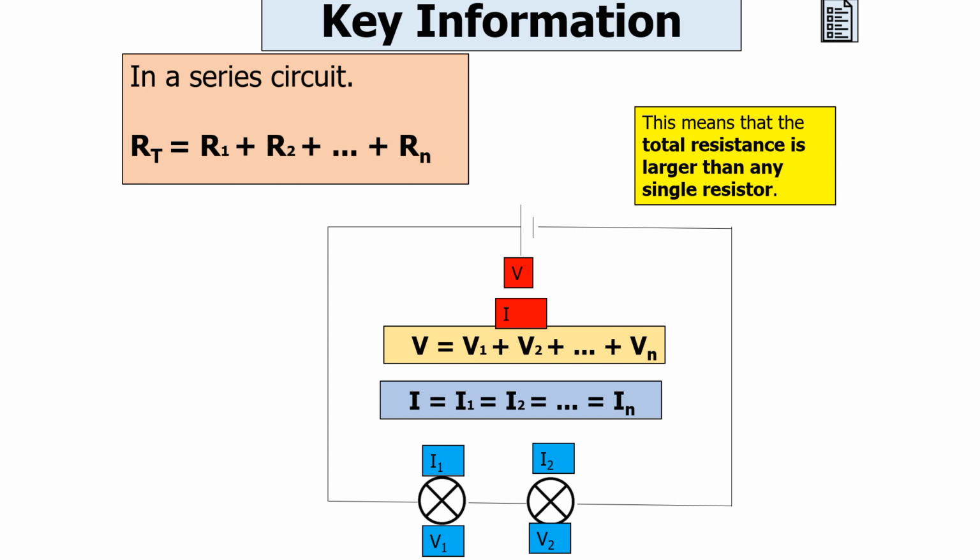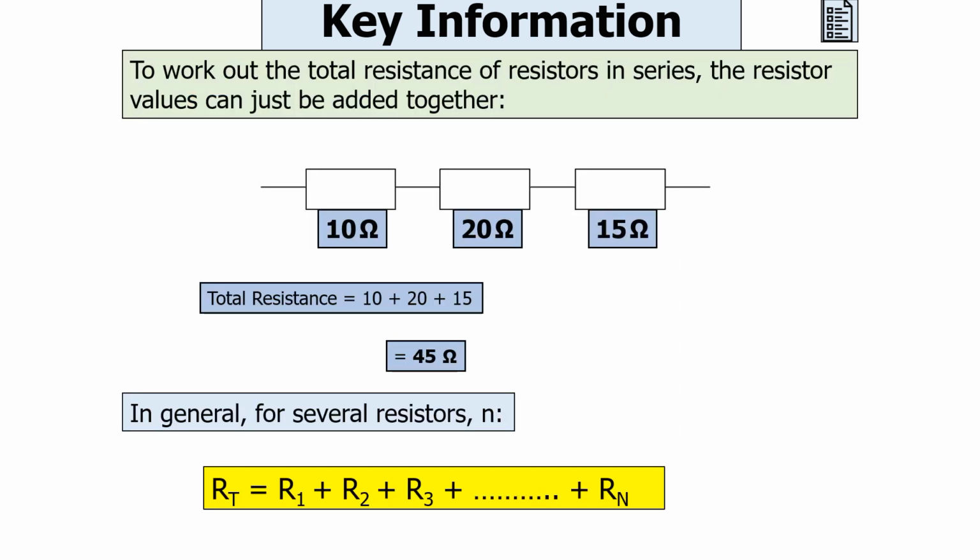To work out the total resistance of resistors in series, the resistor values can just be added together. For example, if we have three resistors in series, 10 ohm, 20 ohm and 15 ohm, we add the three resistances together, 10 plus 20 plus 15, to get 45 ohms.